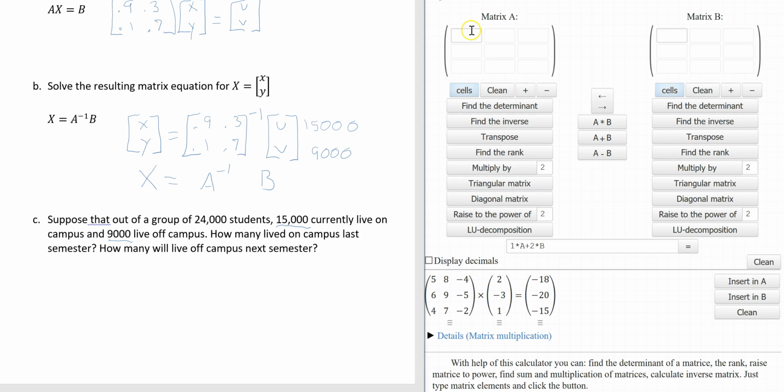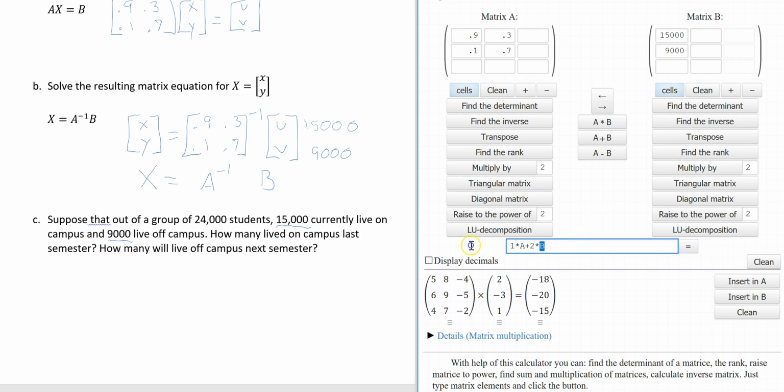Okay, so over on my website here, I'm going to type in matrix A, which is 0.9, 0.3, 0.1, and 0.7. And I type in matrix B, which is 15,000 and 9,000.